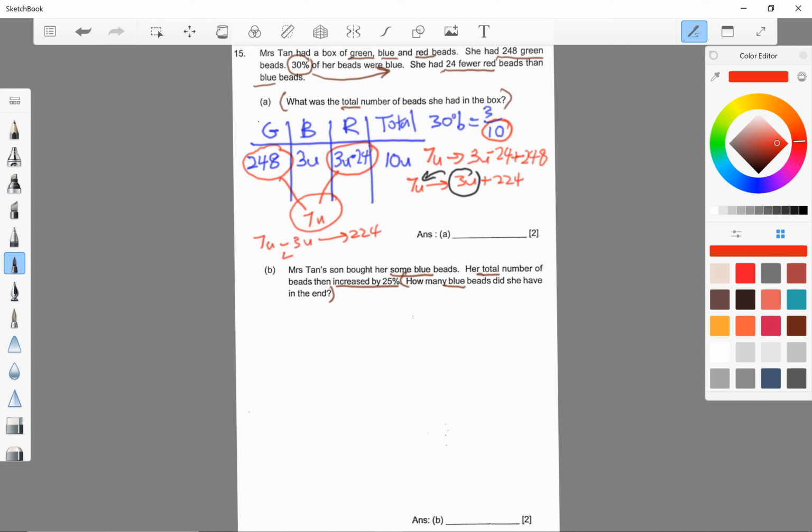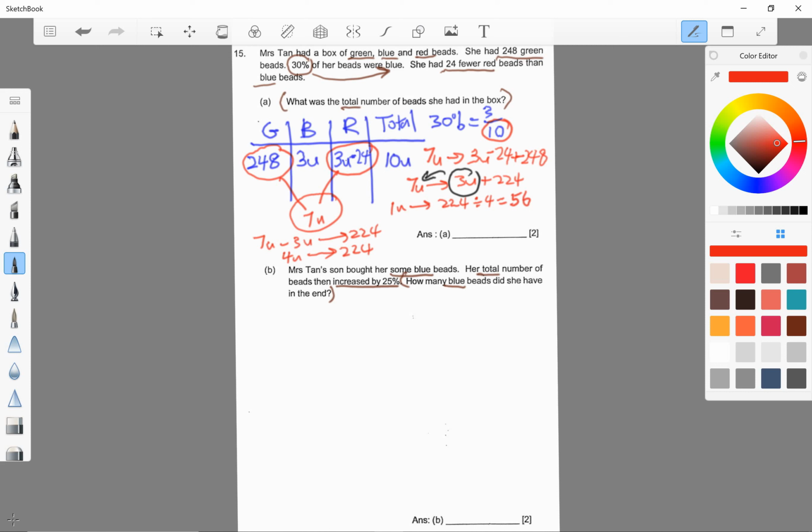And from there, 4 units represented by 224. Naturally, I need to find out what is 1 unit. So 1 unit has got to be 224 divided by 4. And this actually leads us to 56.